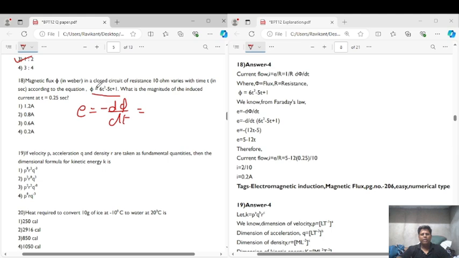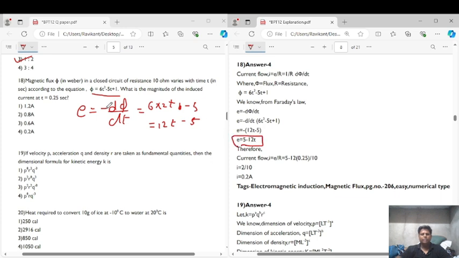From here, if I differentiate phi, we'll get 6 into 2t minus 5, right? That is equal to 12t minus 5.